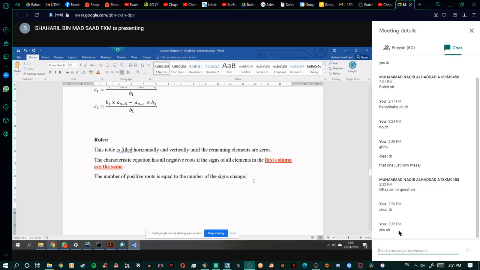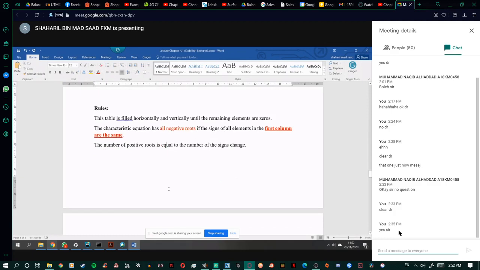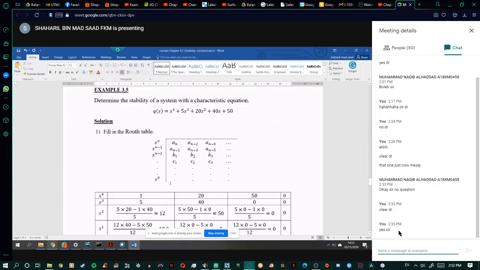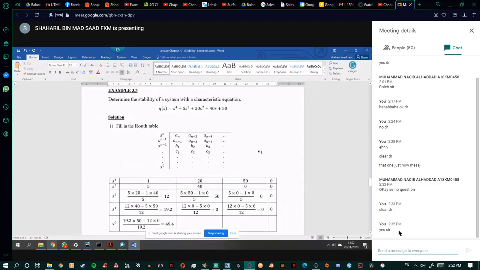So all negative roots if the signs are the same. The number of positive roots is equal to the number of sign changes. Never mind, we will look into this. Alright, so example 3.5. I will go back later to that definition.